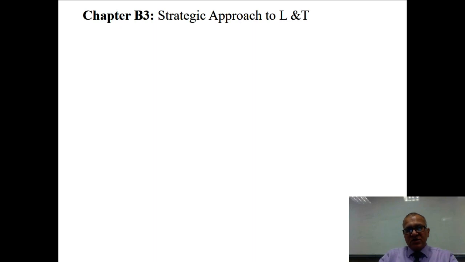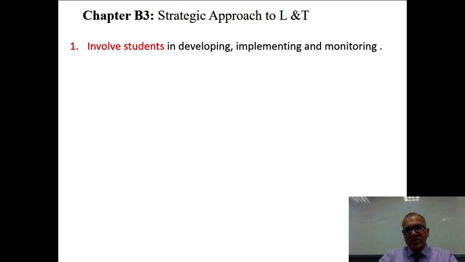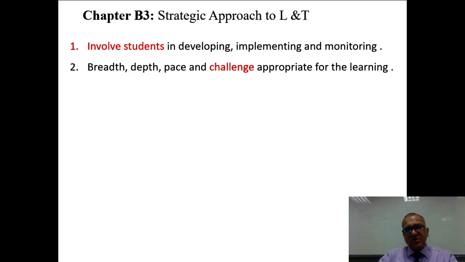One more thing which teachers must know, in the form of a strategic approach to learning and teaching, is about involving students in developing the process, implementation and monitoring of teaching. Talk about breadth, depth, pace and the challenges of the learning.